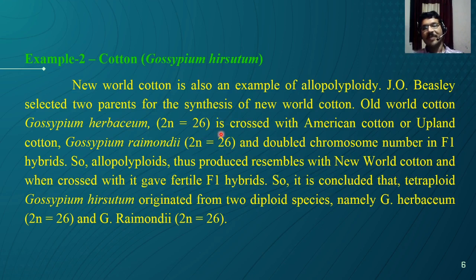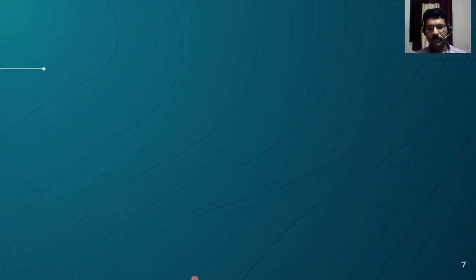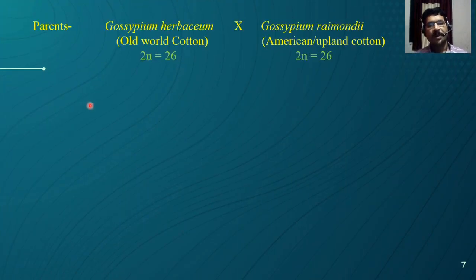Here you can note one thing: both selected parents are diploid, but in wheat they selected different parents. One parent was tetraploid and one parent was diploid, but here both parents are diploid. So they selected these two parents and synthesized the cotton.